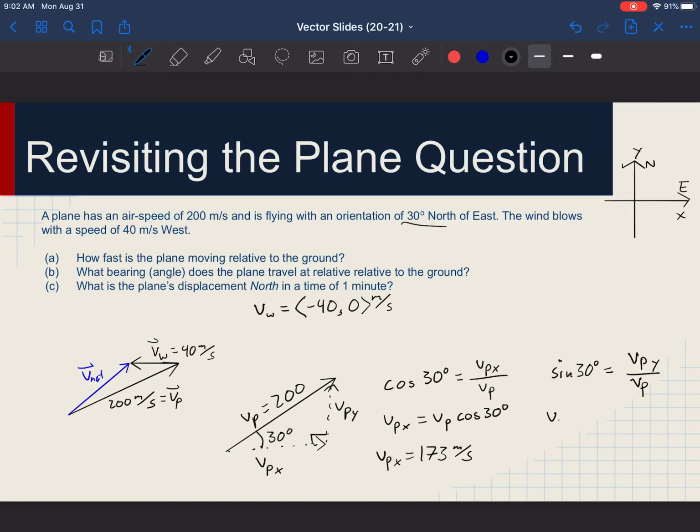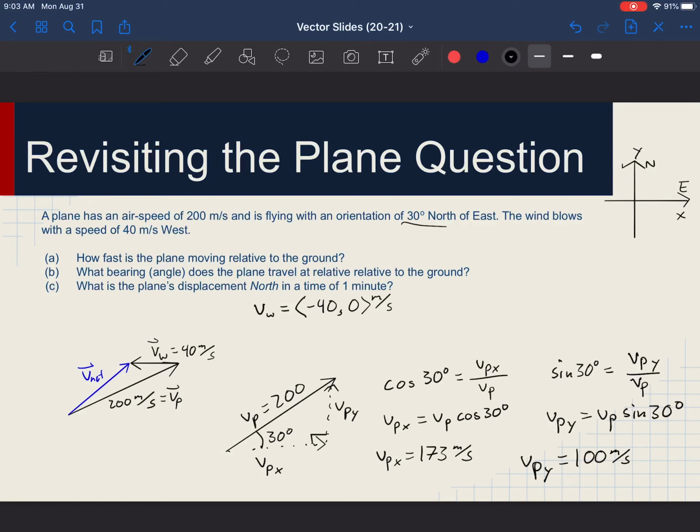So VPY is equal to VP sine 30. If I plug in 200 for VP, 200 times sine 30 is just 1/2, so this gives me 100 meters per second. And these should both be positive, because this is in the positive x direction and this is in the positive y direction.